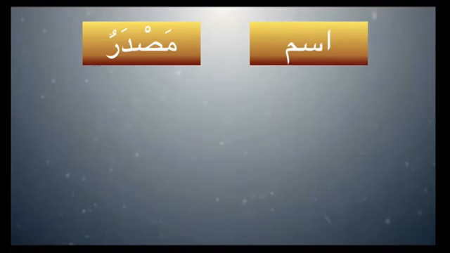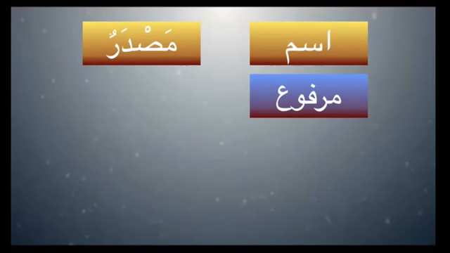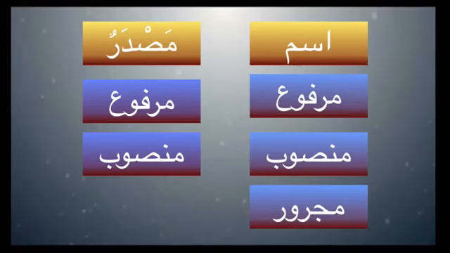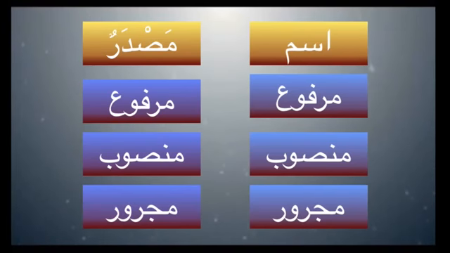So as we said, masdar is an ism, so it will have all the qualities. It will be marfu, so masdar can be marfu. If ism is mansub, the masdar can also be mansub, and whereas we know ism can be majroor, masdar can also be majroor. So we know also the different positions the ism takes. The same positions even the masdar can take.